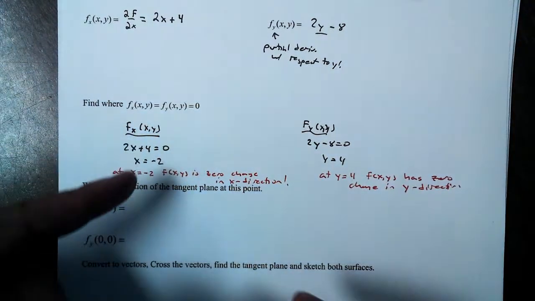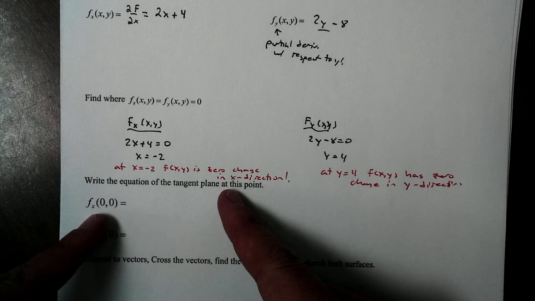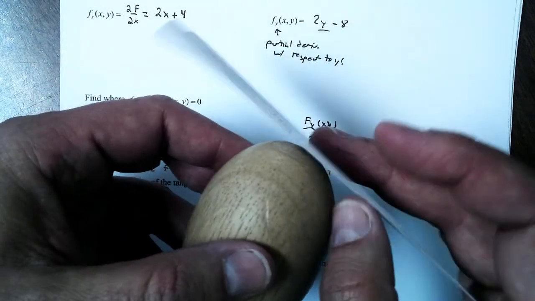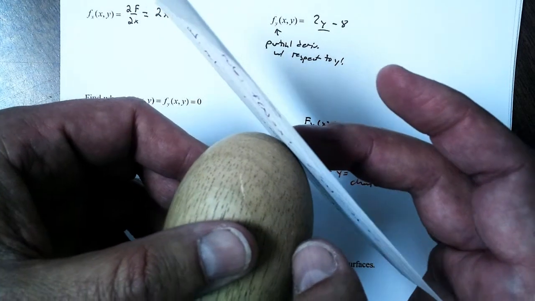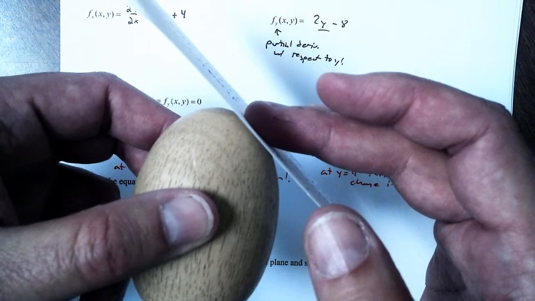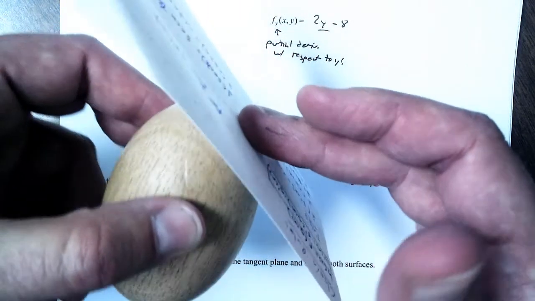Well, we are trying to find the equation of the tangent plane at this point, 0, 0. In other words, I can put a plane there, and it's going to touch that egoid of mathematics in one exact spot. We're going to find the equation of that tangent plane right there.